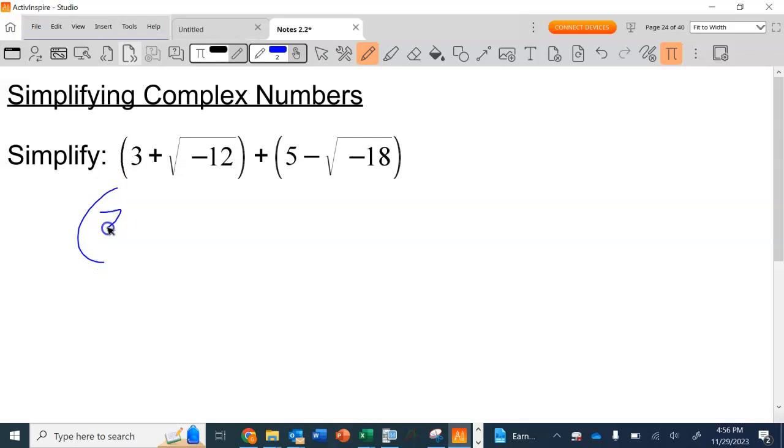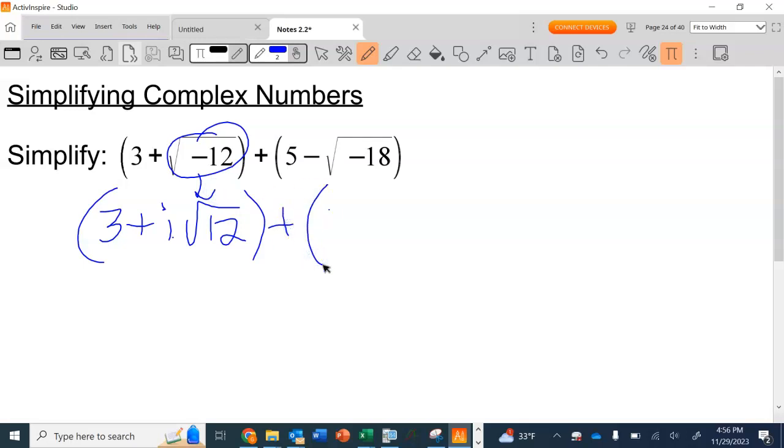To do that, we take the negative out of the square root and put the imaginary unit in front of it. So the square root of -12 just becomes i root 12. And the same thing in the second set of parentheses: the square root of -18 simply becomes i square root of 18.